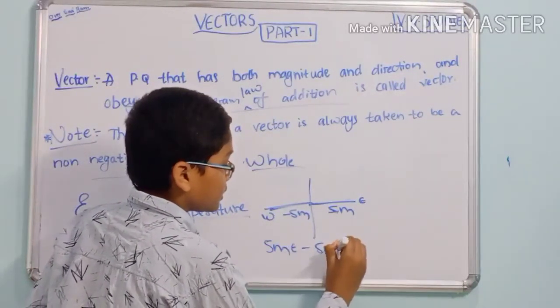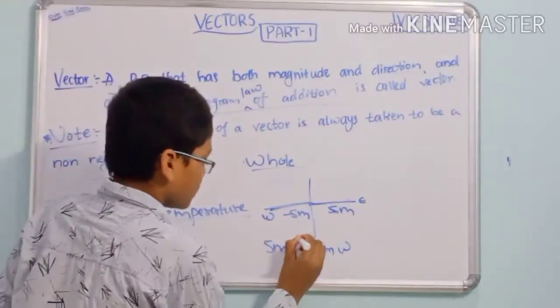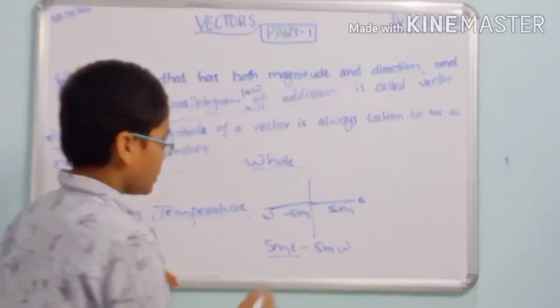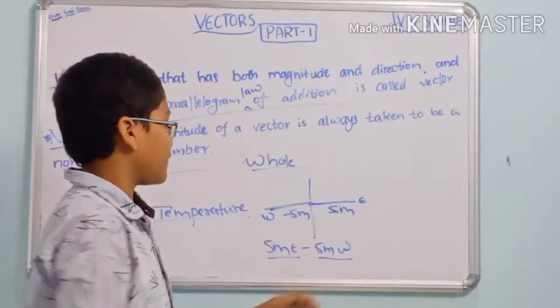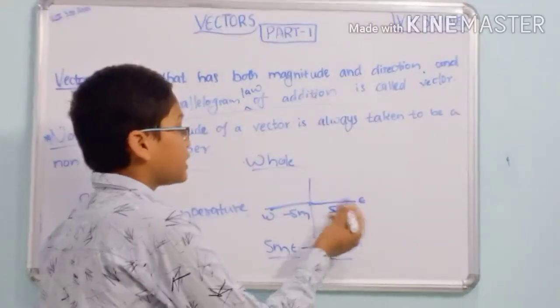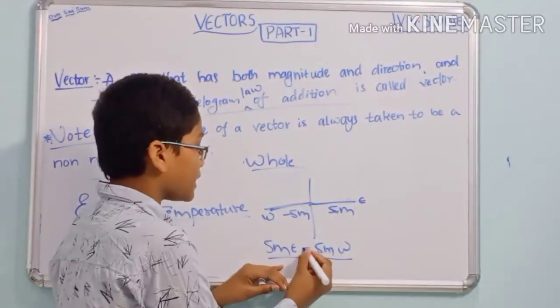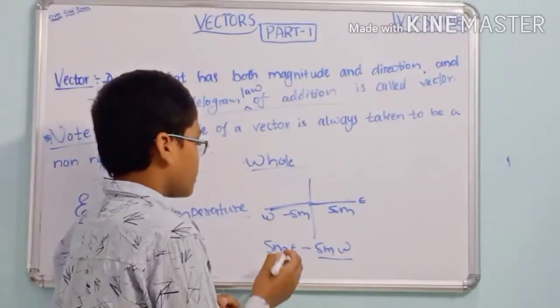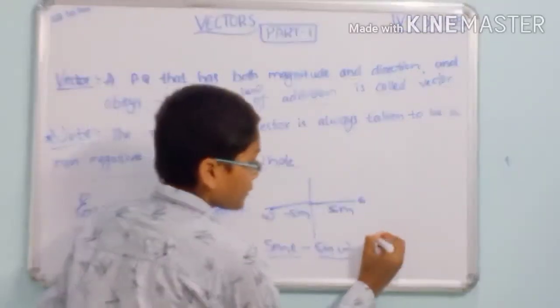This is east, this is west. Yes. Now see, 5 meters east means here minus 5 meters west. Minus of west means opposite of west. That is east. For indicating the direction only, we are keeping the minus sign here, opposite sign. So, the magnitude of this, we will say 5.